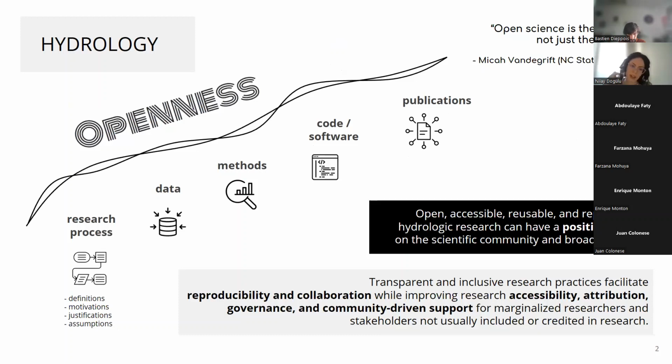So in the science community, I assume that you are all researchers. You probably know that the research process, the data you use, the data you produce, the software and code you write, and the publications are your outputs. In all of these, openness is very critical.